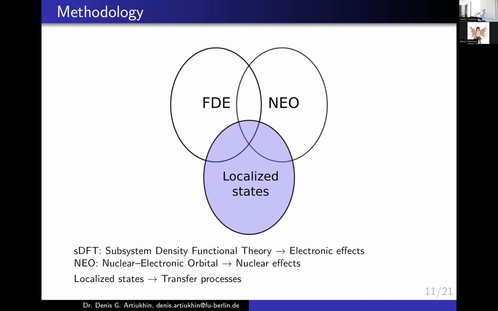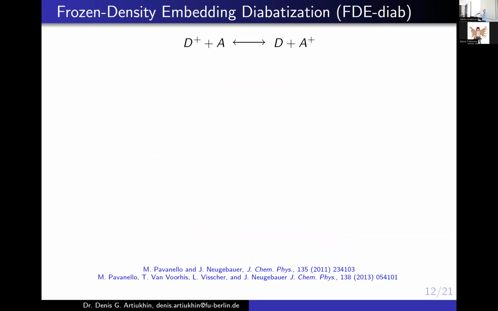Now we go into how to construct actually localized states and how to simulate transfer reactions. I'm still using the same framework of subsystem density functional theory, but now I'm considering this charge transfer reaction where I have a donor of charge and I have an acceptor, and here you see that the reaction goes and the charge just flips from one molecule to the other.